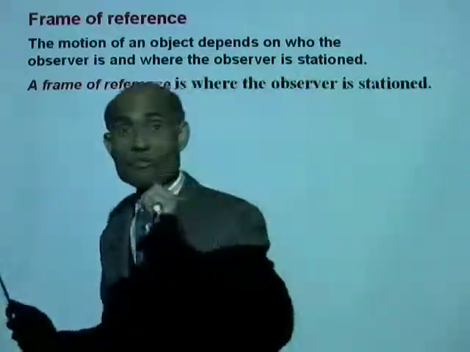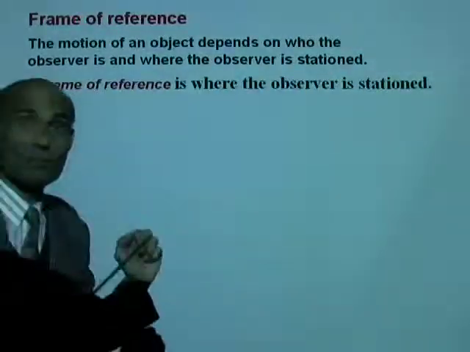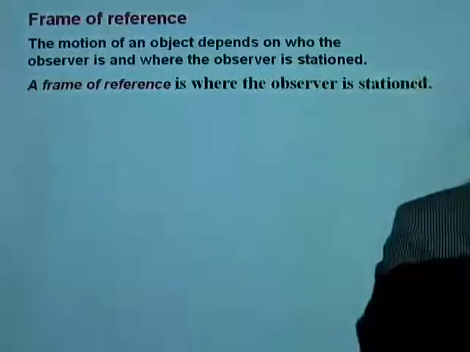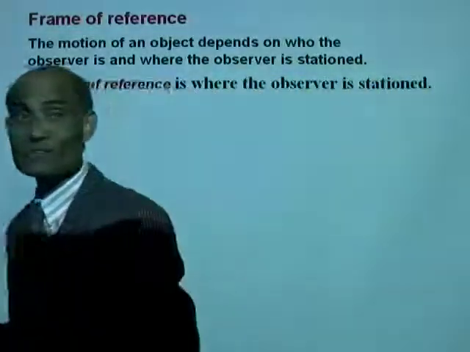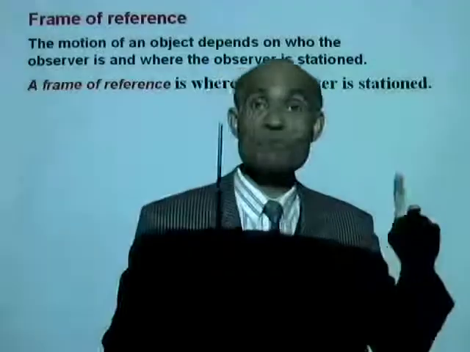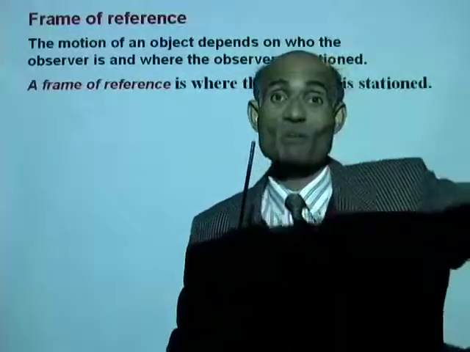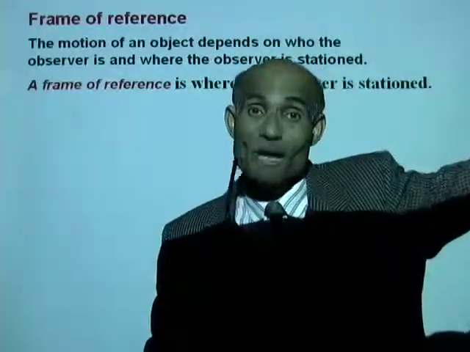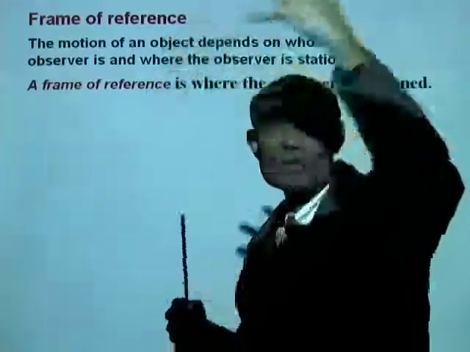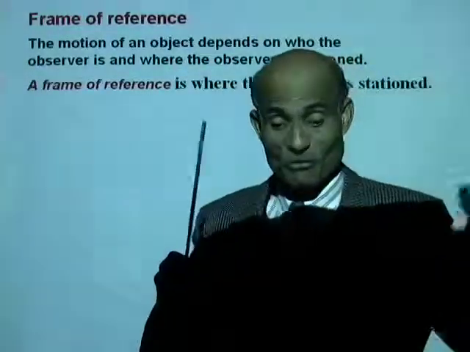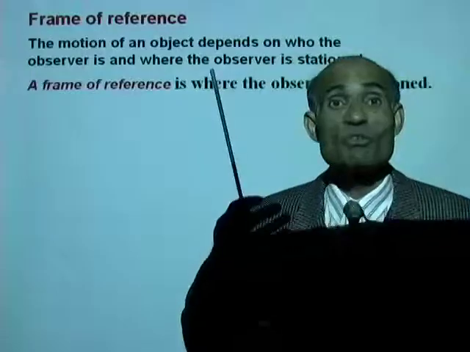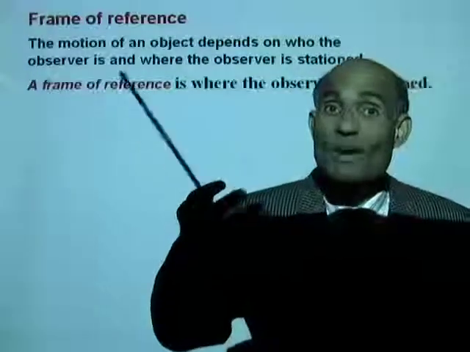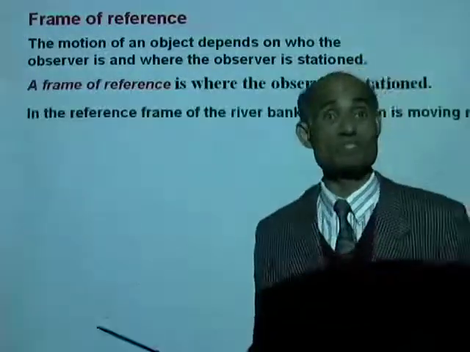From the frame of reference of the classroom, my students see me walking. You see that? But from the frame of reference of the planet Mars, my students are moving. You see, frame of reference is a place from where you make observations.